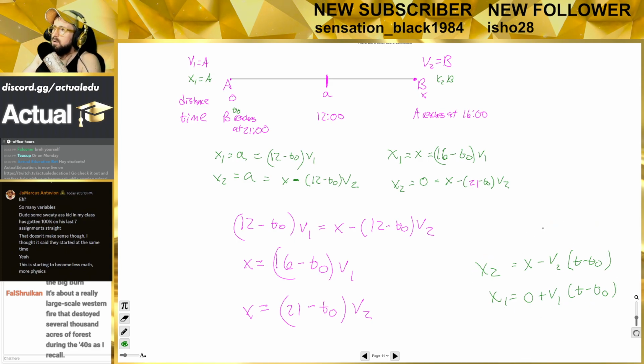So, A equals... right. A equals X minus 12 over T minus T0.